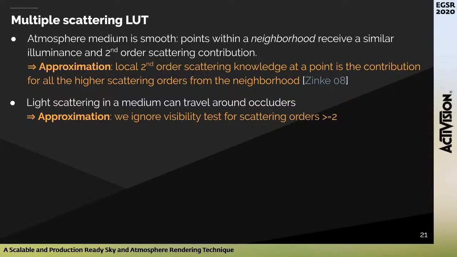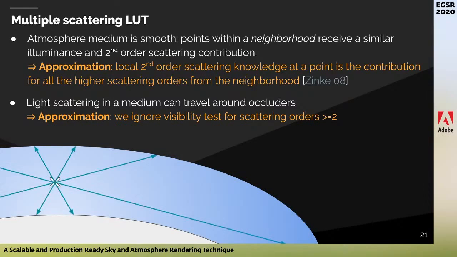This should have a low visual impact because usually light can scatter around objects. So if we assume the second scattering order is the contribution to higher scattering order, we only need to compute a scattering gathering transfer-like function from the neighborhood around a particular position.